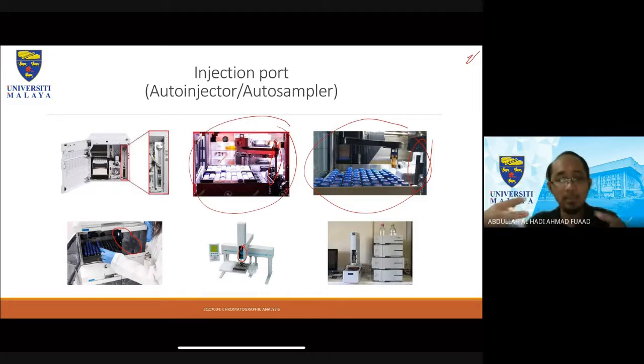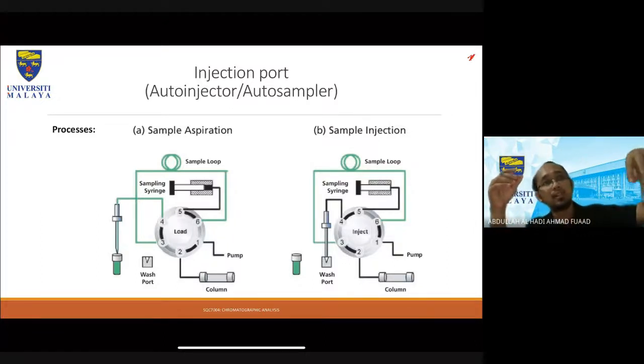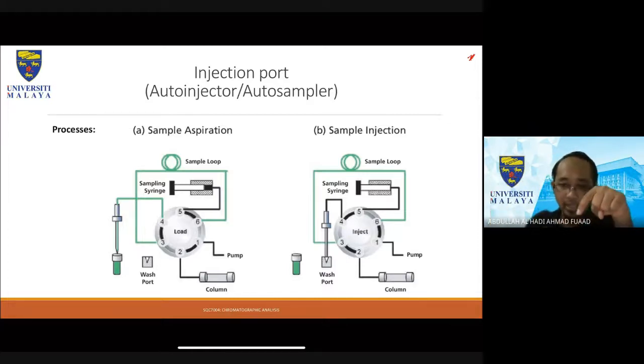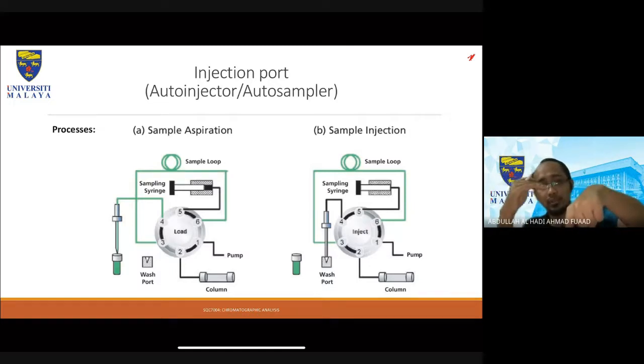But normally, if you have used one system, the needle will move into the position of your vial, puncture through the cap of your vial, and then take up a little bit of solution.